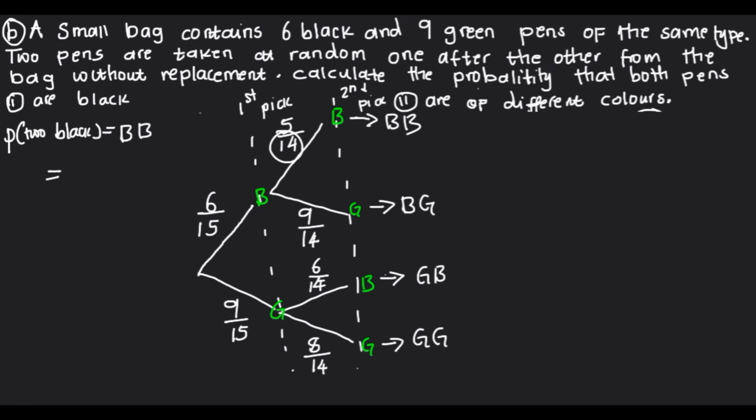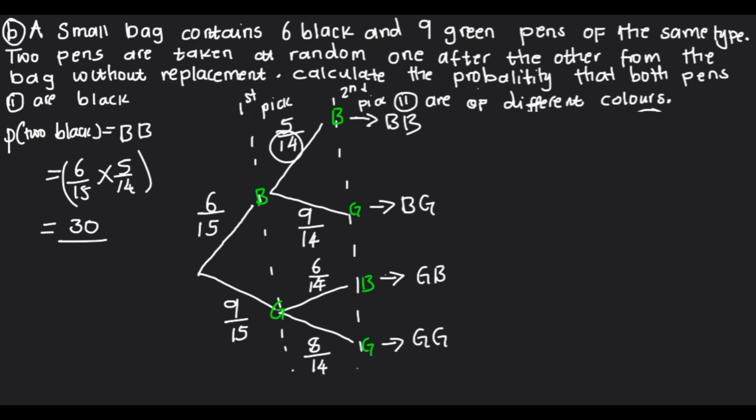So now let's look at the first B, corresponding with this number here. So it is 6 over 15. Then times the second B, which is 5 over 14. So if we multiply 6 times 5, we will get 30 over 15 times 14.